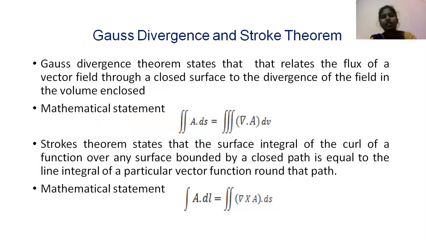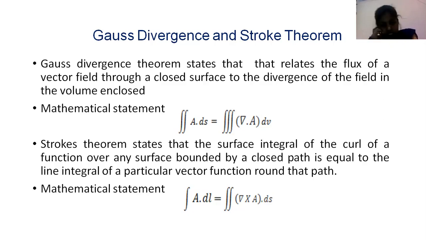And now the Gauss divergence and Stokes theorem. These are the very basic theorems in vector analysis. The Gauss divergence theorem states that the flux of a vector field through a closed surface is related to the divergence of the field in the volume integral. So it is basically converting the surface integral to a volume integral.